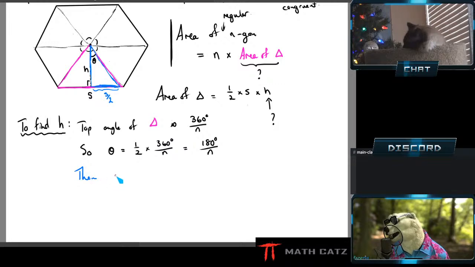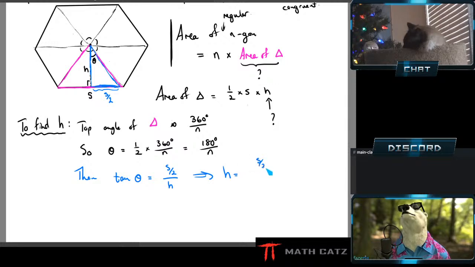So I then have tan theta is the opposite side over the adjacent side. This then tells me that H is S over 2 over tan theta.